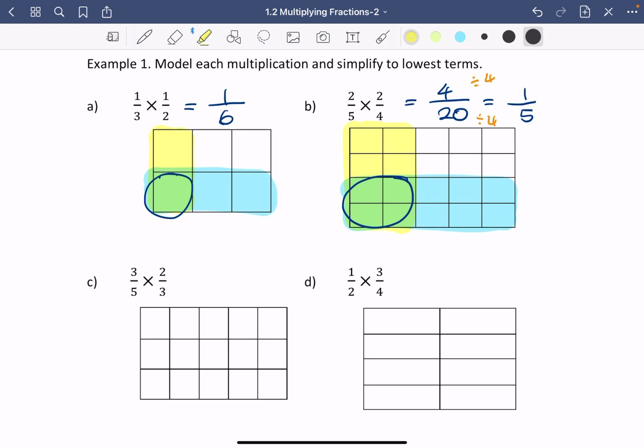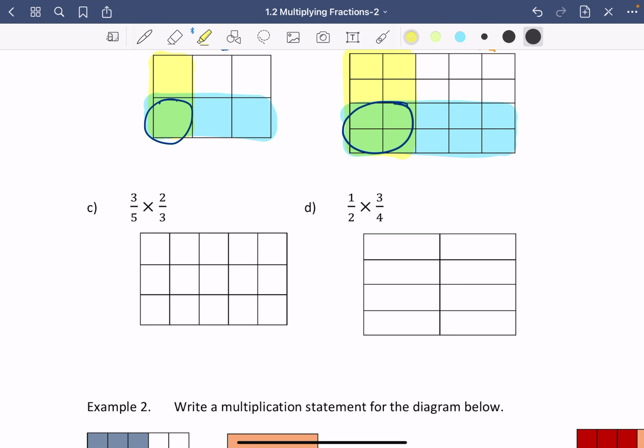Okay, now let's do the third question. 3/5. 3/5 will be here. Okay, and then the second fraction is 2/3. So 2/3. Okay, and what's the overlapping area? It's this part, right?